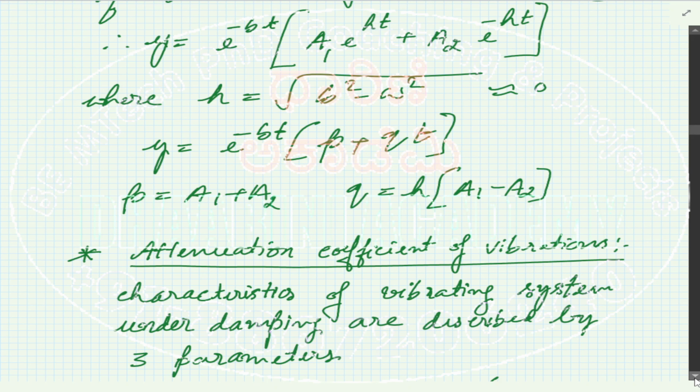So now we call the h value a characteristic. If h is equal to root of b square minus omega square, the solution can be directly written, so it becomes y is equal to e to the minus bt into p1 plus qt, where p is the sum of those two and q is the difference.